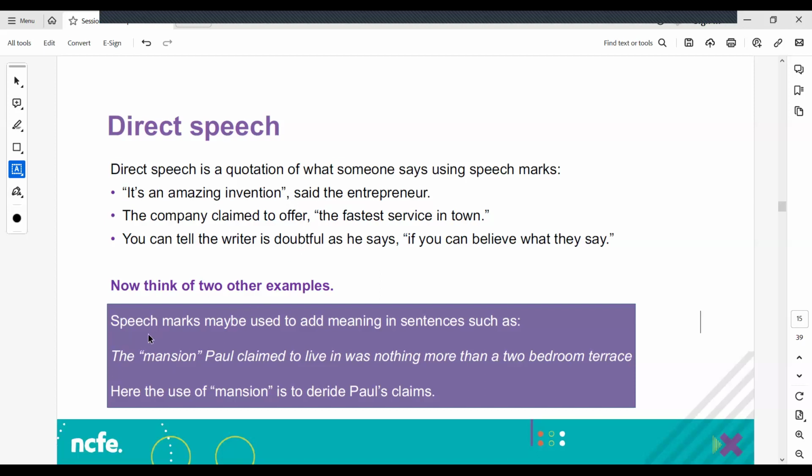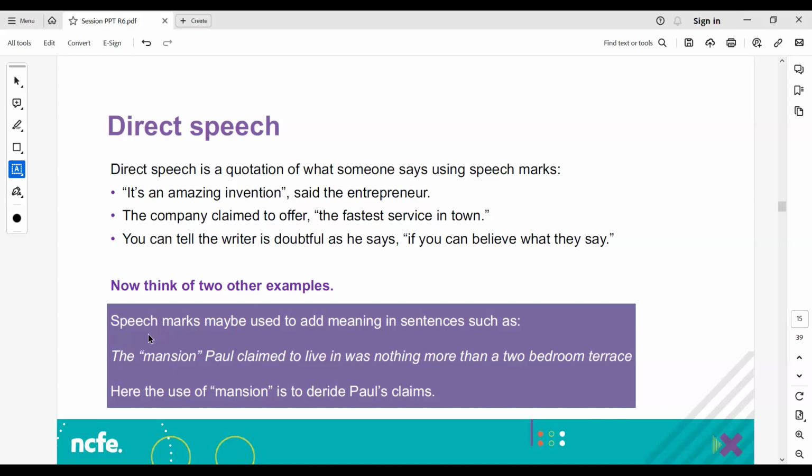But be aware as well that speech marks can be used to add meaning when someone is deriding or being sarcastic about what someone has written or said. So if I read this sentence, the mansion Paul claimed to live in was nothing more than a 2-bedroom terrace. So putting the speech marks around the word mansion is deriding that.